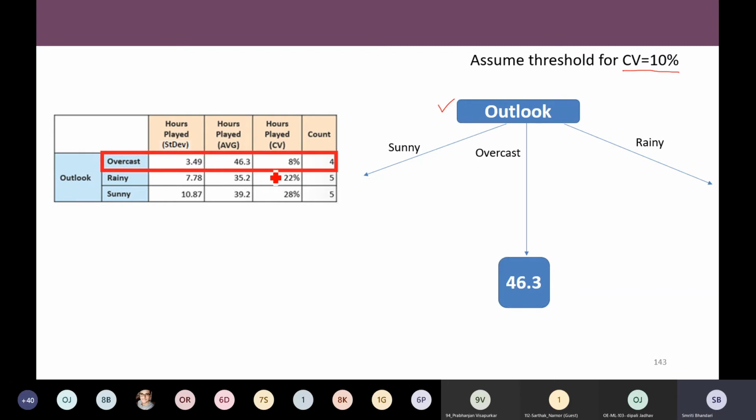Here for overcast, the CV value is 8%, which is less than our threshold. So for this branch, there is no need to expand our tree further, and that is why we arrive at this leaf node.